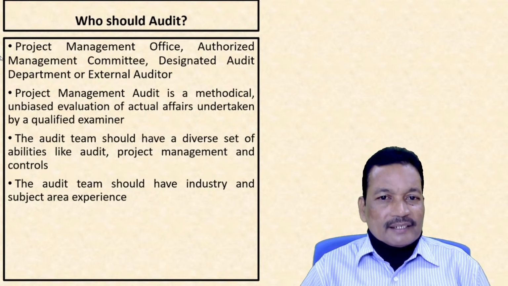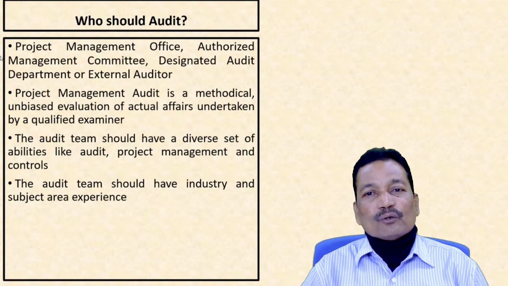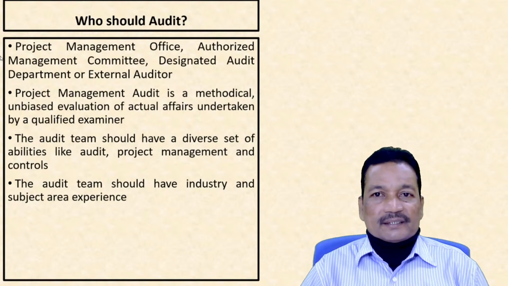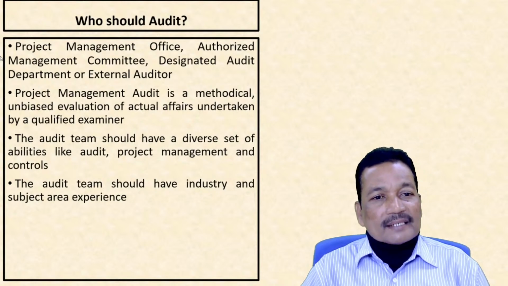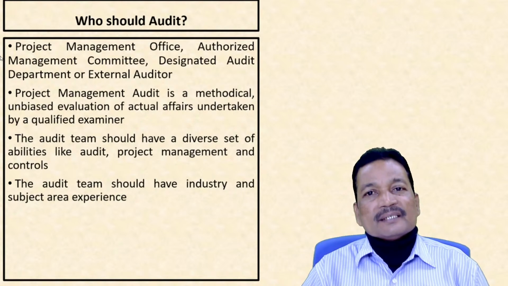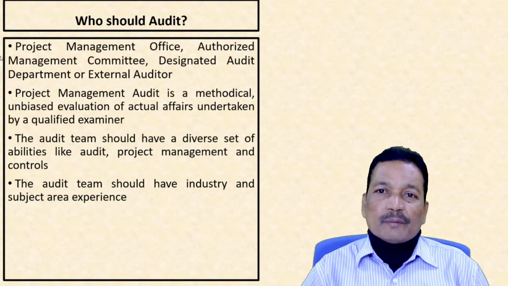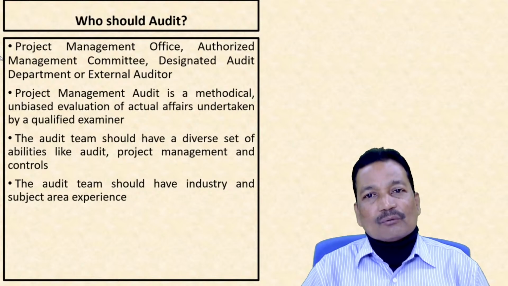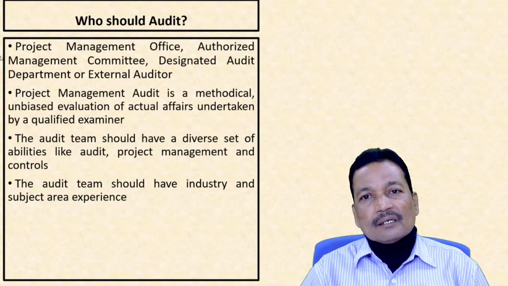Project management audit is methodical. That means it follows a proper process. Unbiased evaluation. That means if the activities are not going on properly, then assessment should be bad. If activities is going on as per the set standards, then it is good.